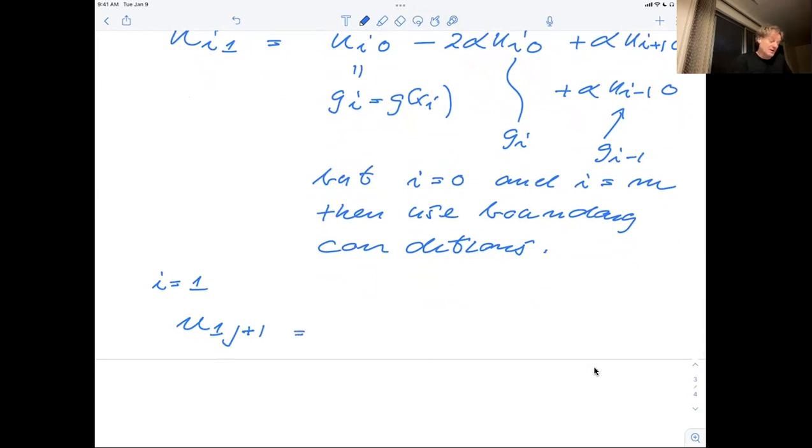And this is now given by u of 1 of j minus 2 alpha u of 1 of j plus alpha u of 1 plus 1, which is actually u of 2 of j, plus u of 0, which is a known value, which is given by the boundary value. So this is given by the boundary.